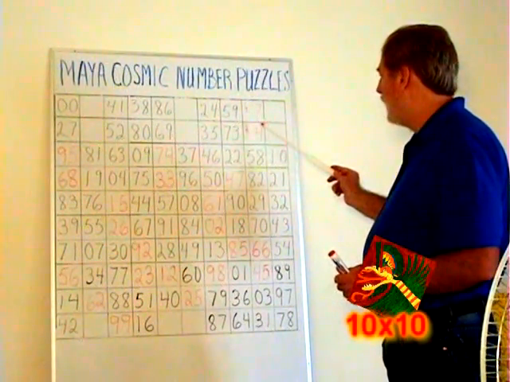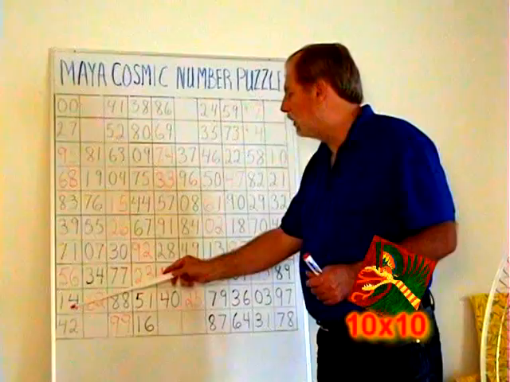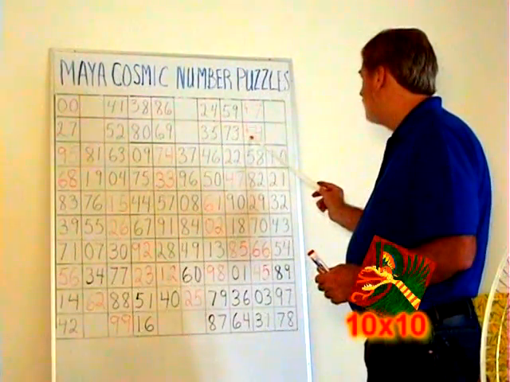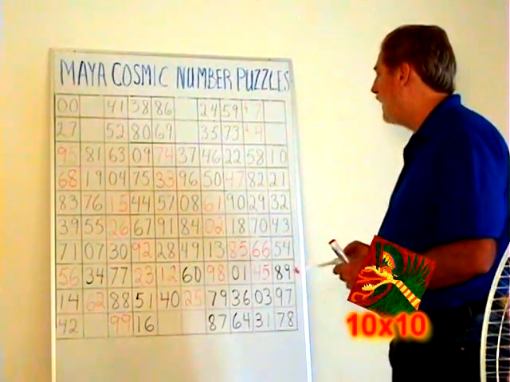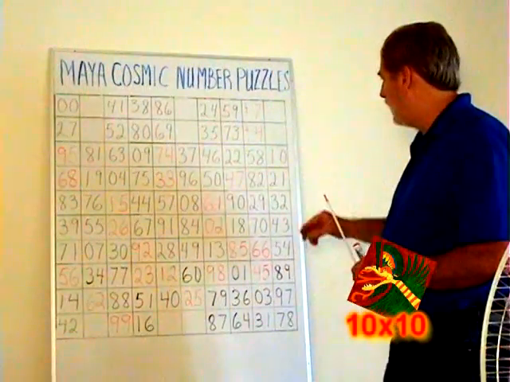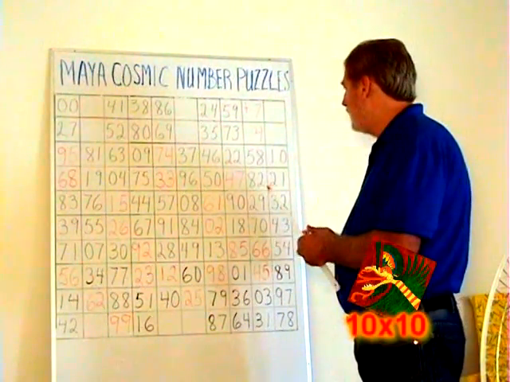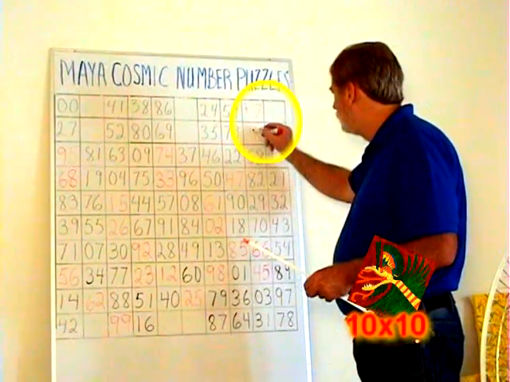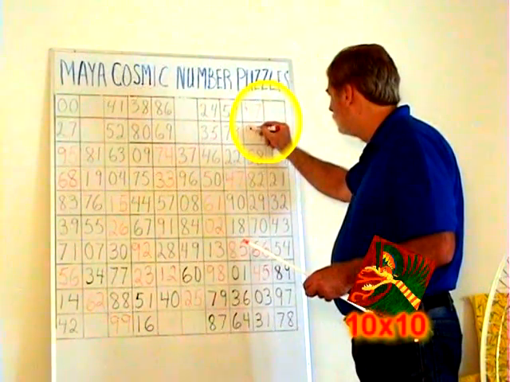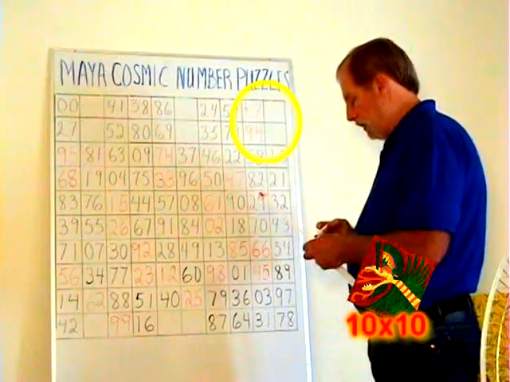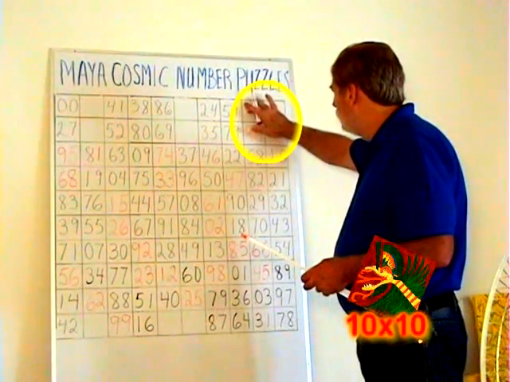We notice that there is a 14 here, so that means that there cannot be a 14 in this spot. If that is the case, it can only be a 9. If that is a 9, this can only be a 1.